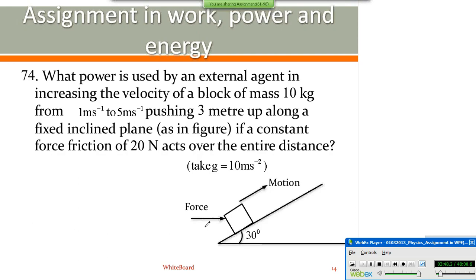To calculate the power used by the external agent, you have to calculate the work done by the external agent, and also you have to find the time interval. The initial velocity of the block is 1 meter per second, and the final velocity is 5 meter per second after it travels 3 meters.